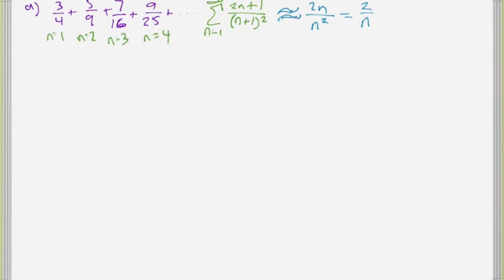Now, we need to actually show that adding 1 doesn't matter. And the way that we show that is by taking a limit as n goes to infinity of one of these things over the other one. So I'm going to multiply. Hey, this is sort of like the ratio test.